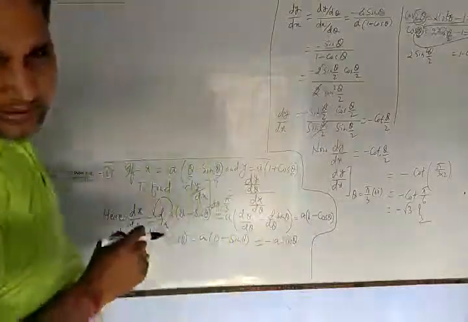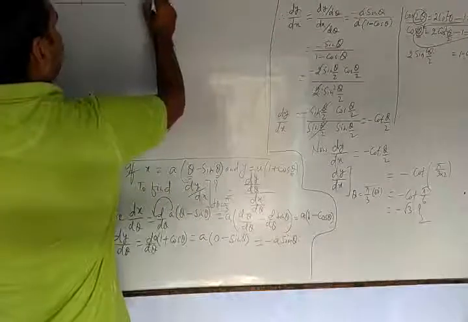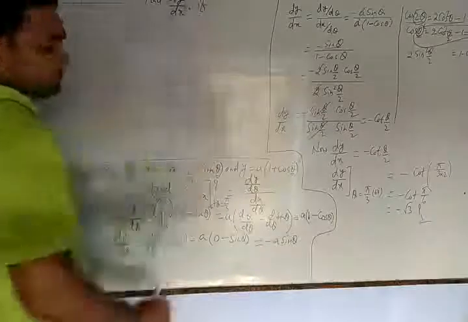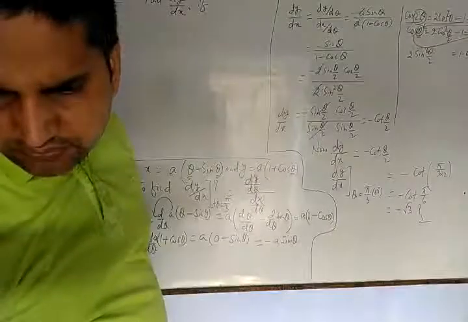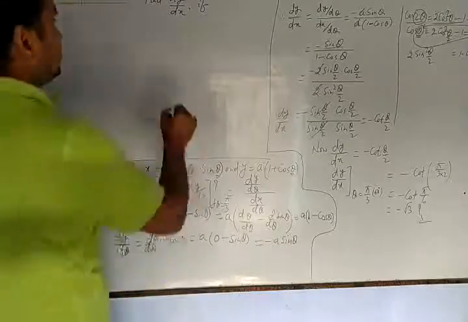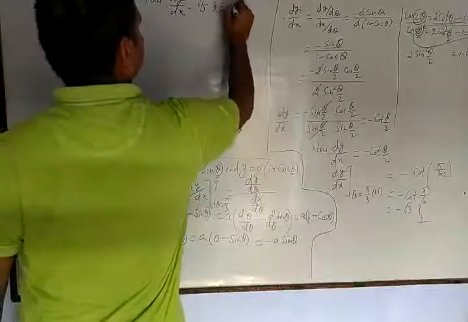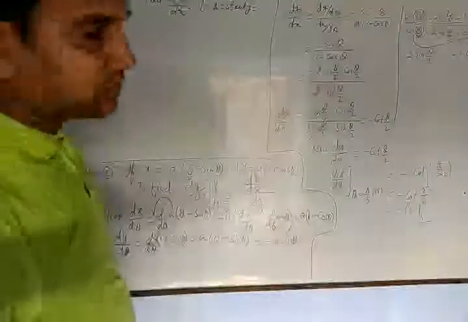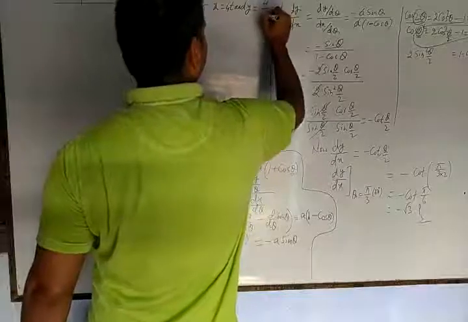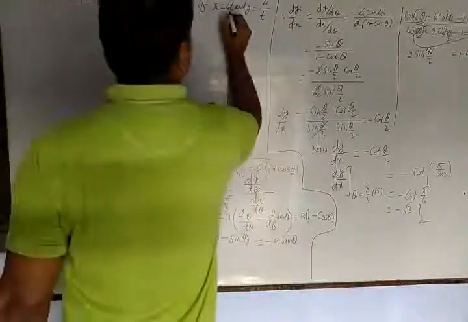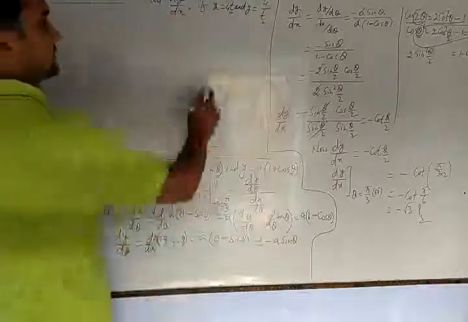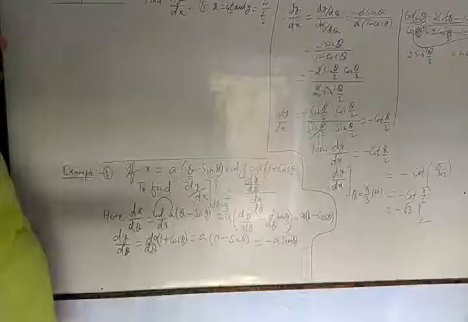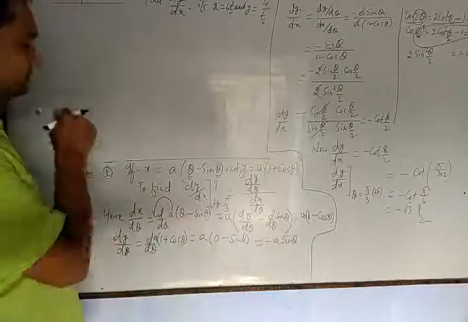So find dy by dx if x is equal to 4t and y is equal to 4 by t. Okay. So t is the parameter here, you see, because x and y will be connected with t separately, and then we can connect in that form. Okay. So let us see.